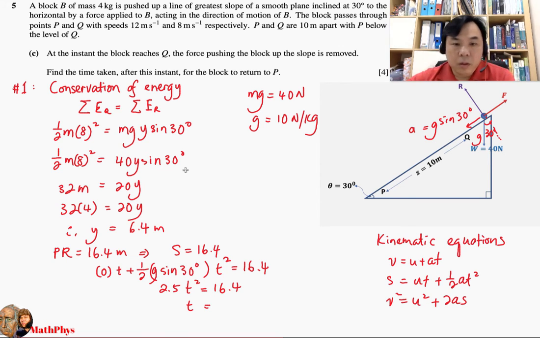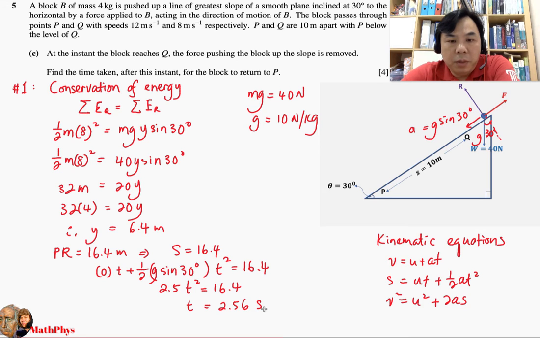Alright, so after taking the square root here, you will get 2.56 approximately. So that is the time taken for the block to return to P.